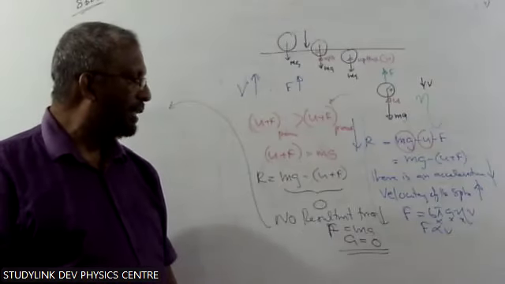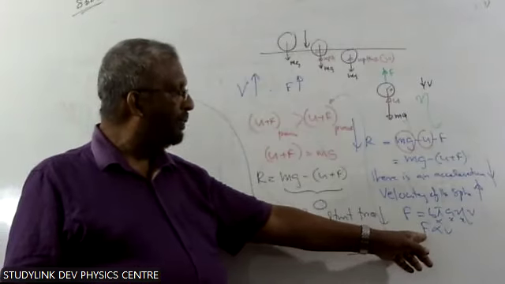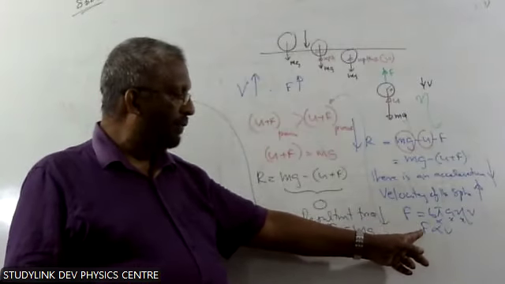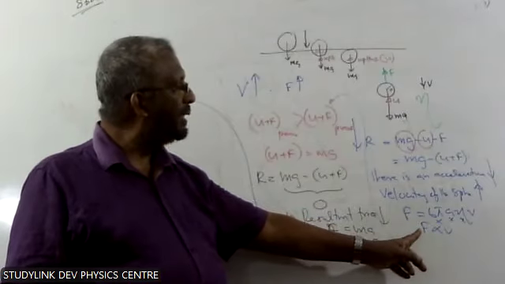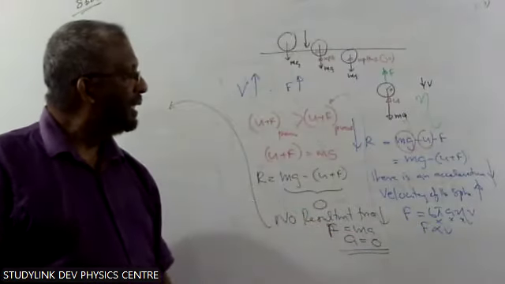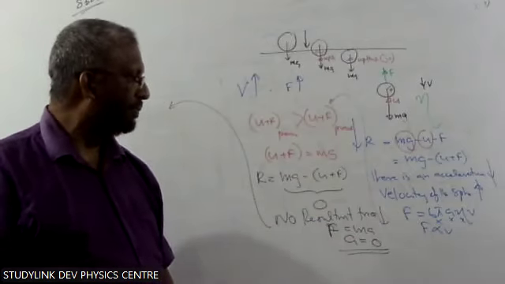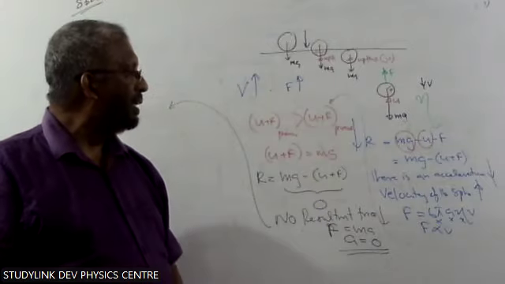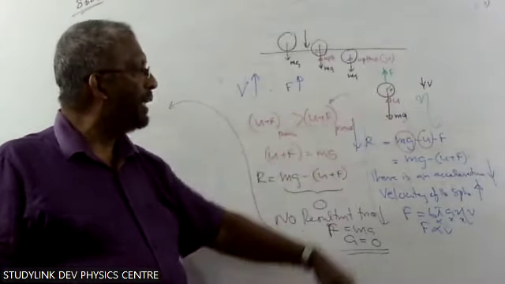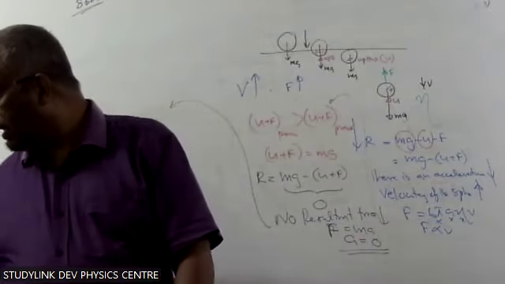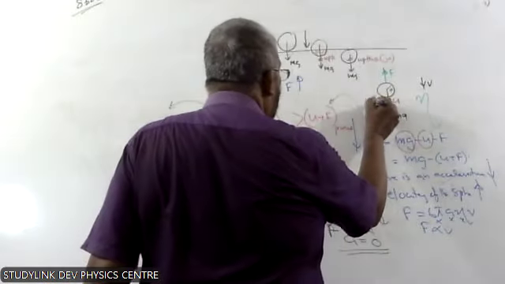When there is a velocity, according to Stokes law, there is a viscous force. Now we can consider the resultant on the fourth diagram.